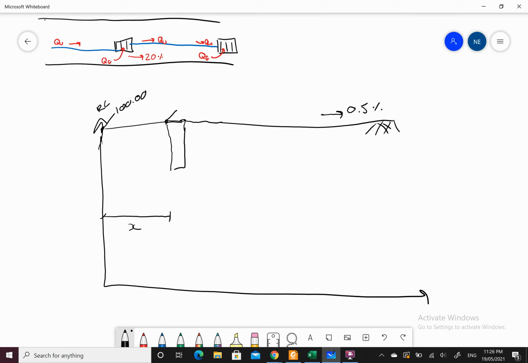It's going to be X times 0.5% will give me, say, 99.73 meters up the top. I know, so if that's where it starts, I know my shock loss that I will get because I'll have QG into this pit.